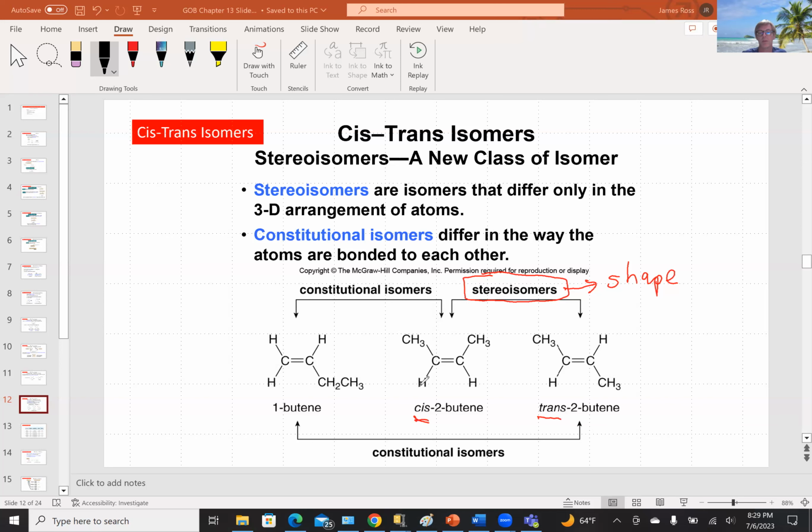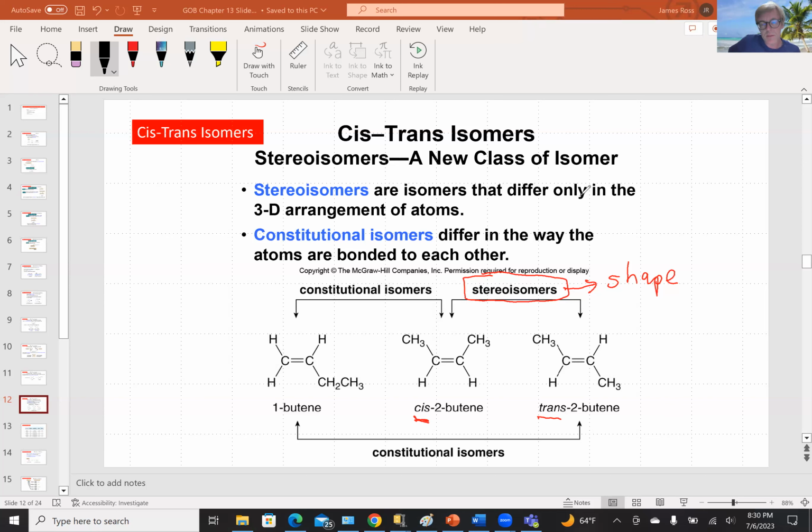They're unique because they can't twist, but we really don't have to break anything and rearrange it. Here I literally had to rip something off and reattach it in a unique location. Here I don't. I just have to change the shape of what I already have. That's the difference, and that's what makes their relationship stereoisomers rather than constitutional isomers.